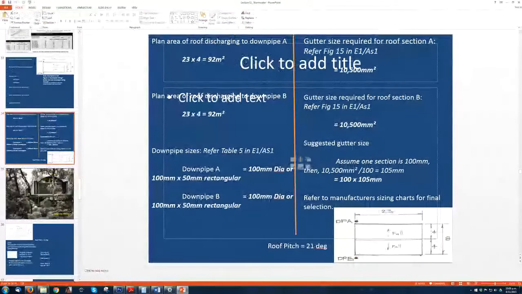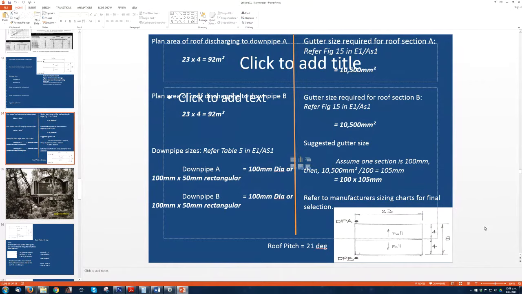Okay, sorry, for some reason I don't know why it disappeared, but there. You see, you get the cross-section area. So in our case, it was 8,000. Suggested gutter size. Assume one section is 100 mm, then 8,000 divided by 100 equals 80. So it's going to be 100 by 80.